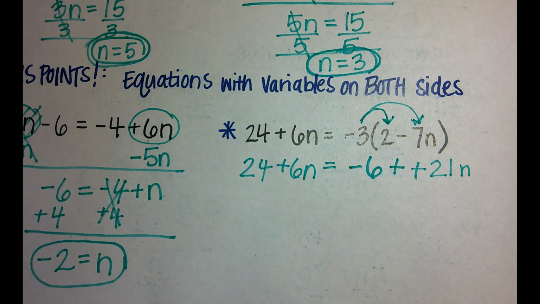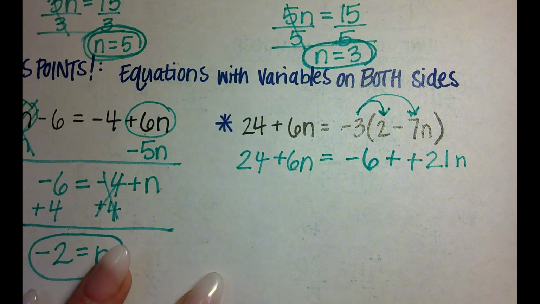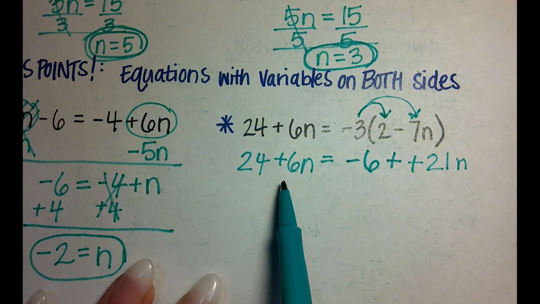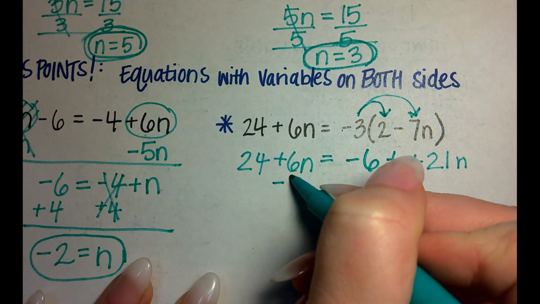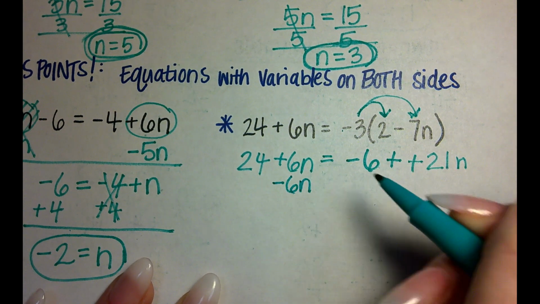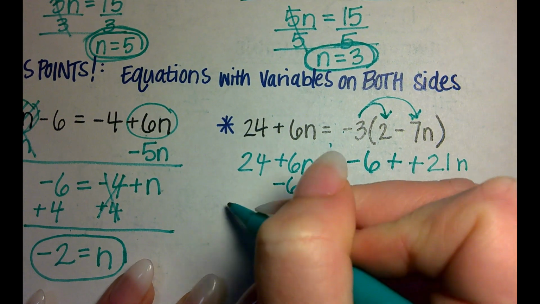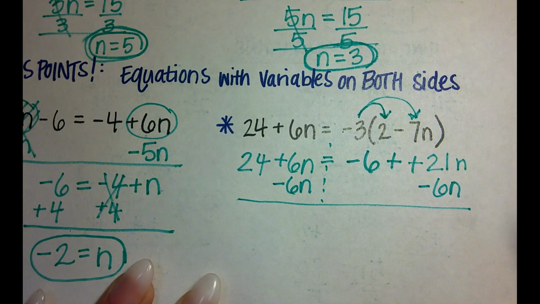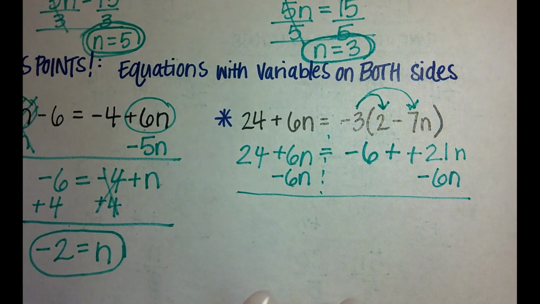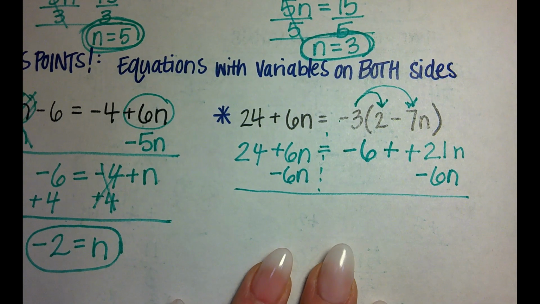What should I do next? Let's combine our like terms. Let's subtract 6n. And where else do I subtract 6n? Under 21n. Good. Okay, so what happens next?